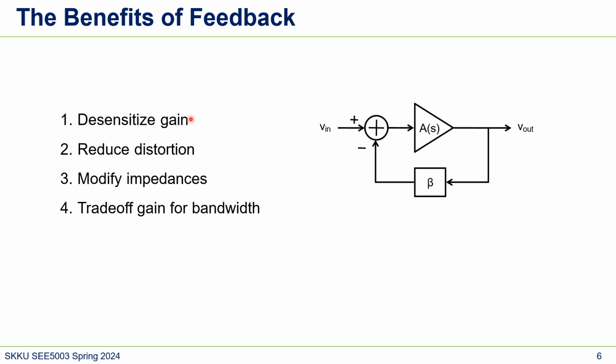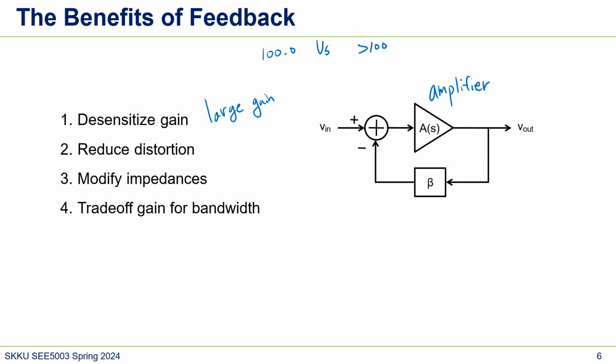First, desensitized gain. For example, in analog circuit wise, this is an amplifier, right? We don't really care about accurate amplifier gain. What we want is just large gain. So it's a lot better. It's like assuming that we want gain of exactly 100 versus larger than 100.